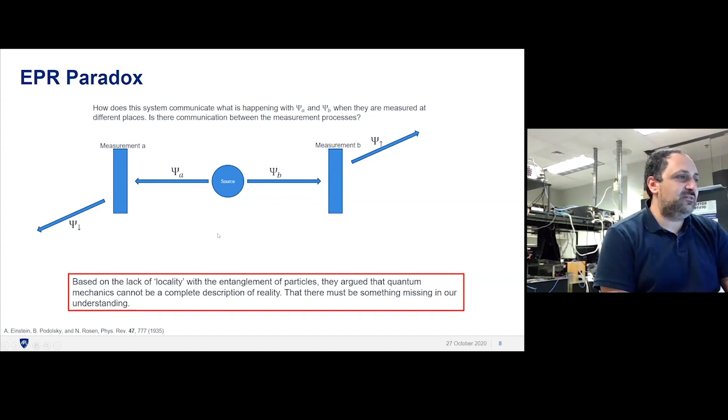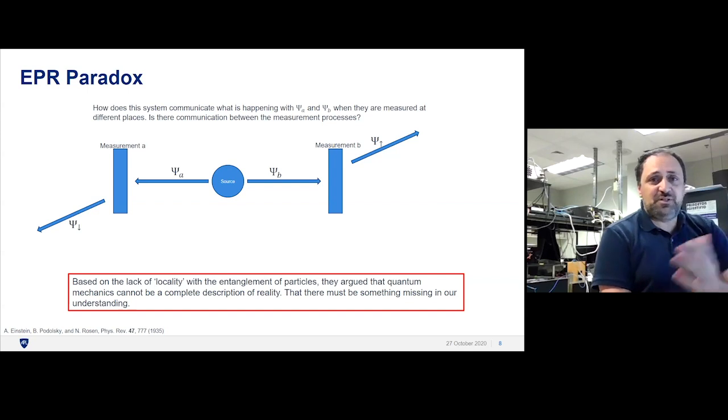So what then that questions is the issue of locality, because there's a connection between these two particles, and there's a connection and a relationship between these two measurements. But what's not allowed is some kind of time delay or coordination. And so Einstein, Podolsky, and Rosen wrote a paper.